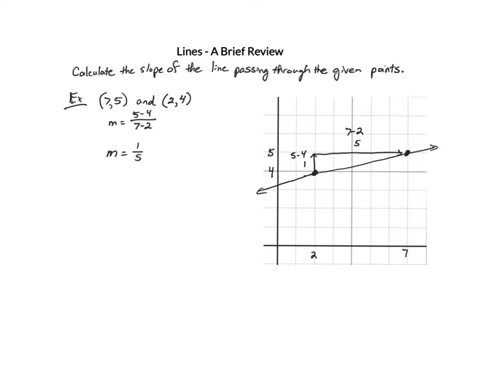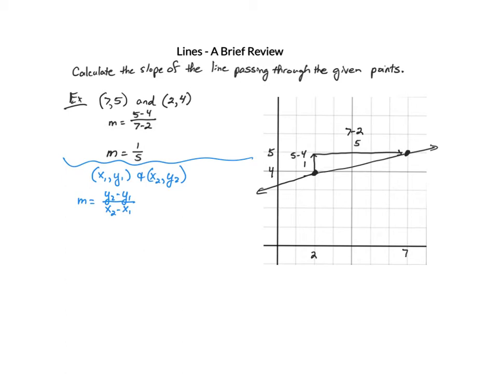Let's write that out. To calculate the slope of the line, if you have points x1, y1, and x2, y2, the slope is calculated by finding y2 minus y1 over x2 minus x1.